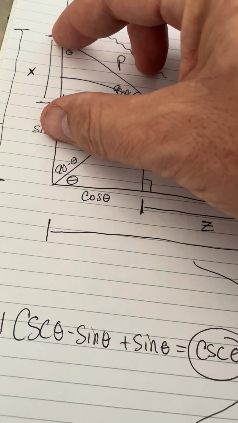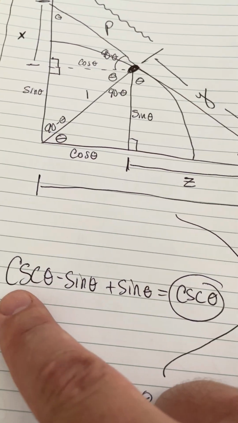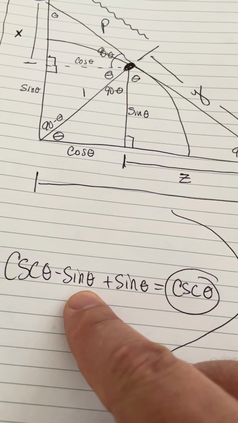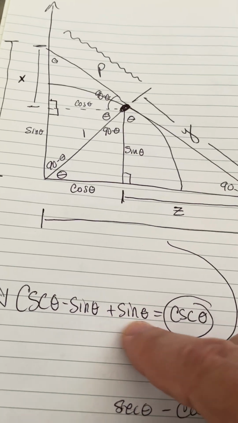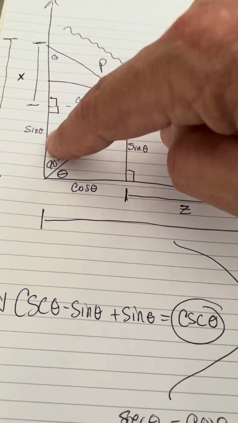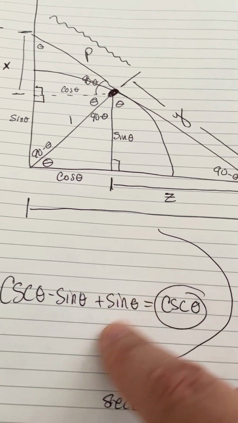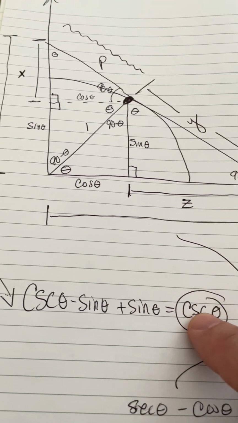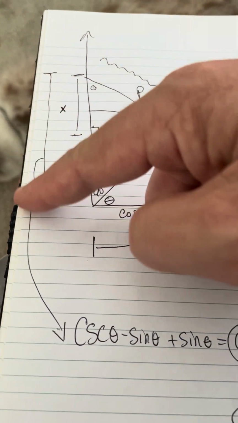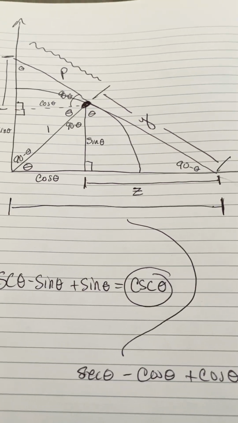So remember, x is what we just got. That was cosecant theta minus sine of theta. And I'm going to add to that the sine of theta. Well, those two eliminate each other, and so we find out that that whole side is the cosecant of theta. So this length here is our cosecant.